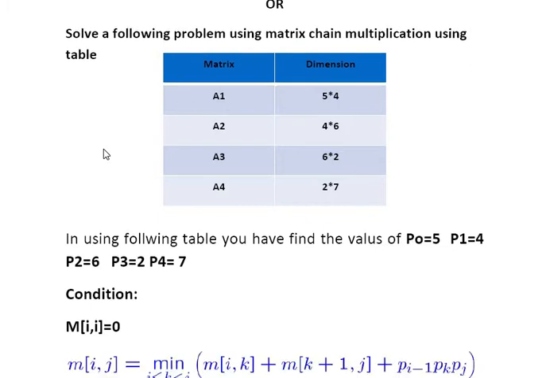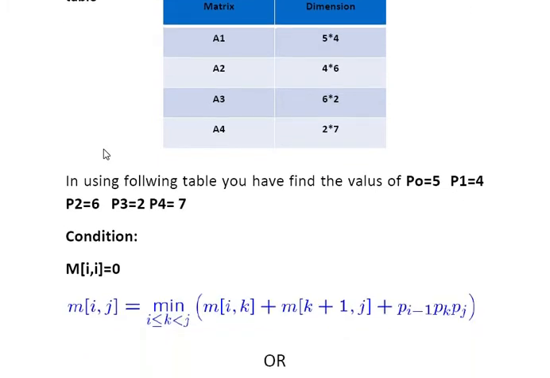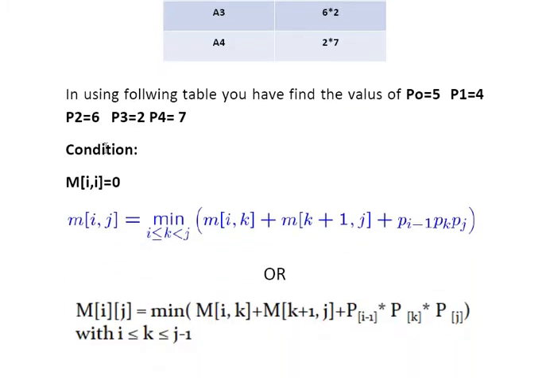Next we can show the condition of matrix chain multiplication. The condition is extremely important. You write the condition and solve the problems. It is easy to define. The condition is m of i i equal to 0. You find only for the i value and j value compared with respect to the matrix.